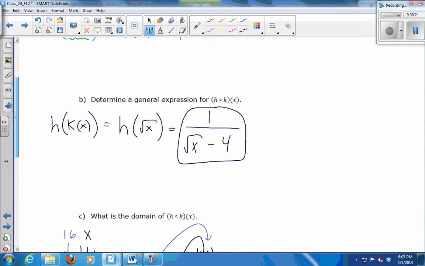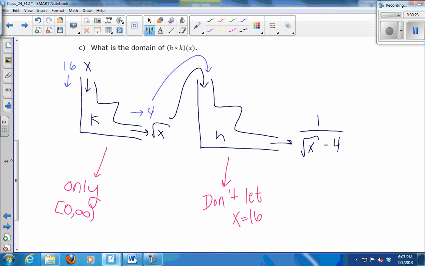Yeah, I did. Okay. If I try to take that 4 and put it into H, what do I get as an output? 1 over 2 minus 4, which is -1/2. So 16 actually seems fine. Neither machine jammed.